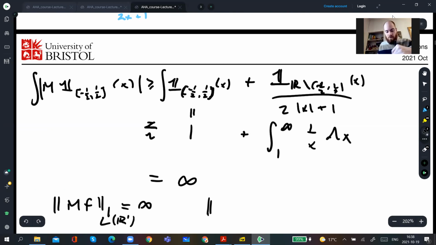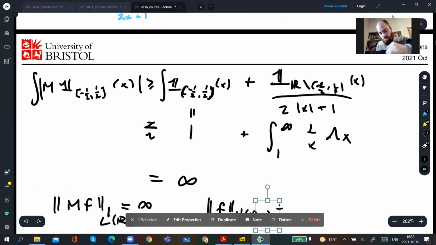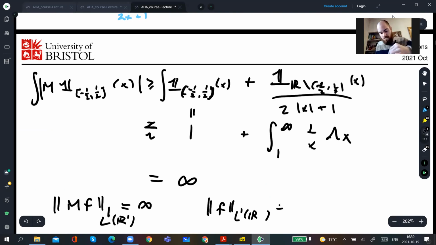But the L1 norm of our function was just 1. Okay. Now you might be concerned that, oh, well, what if I take a different pth power?